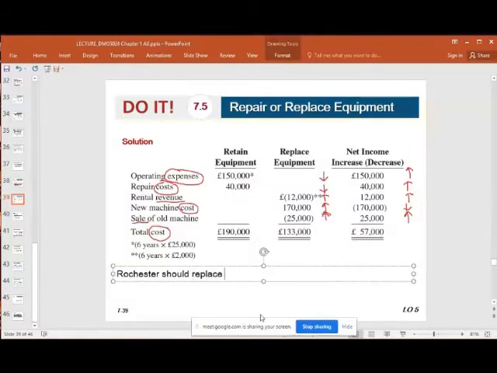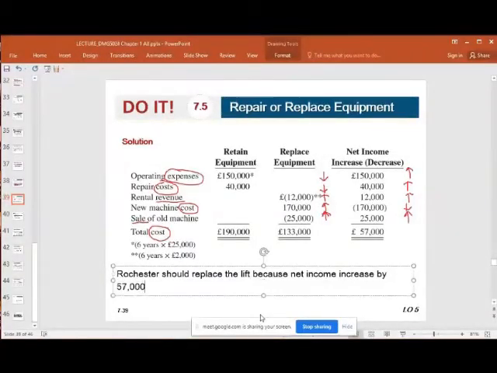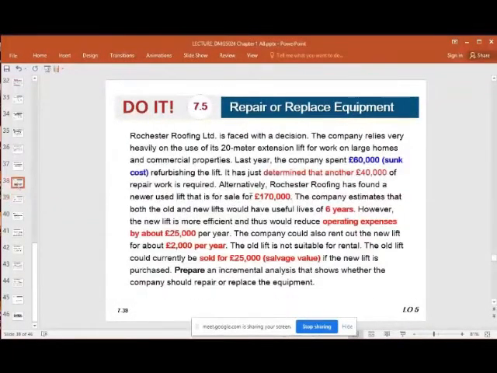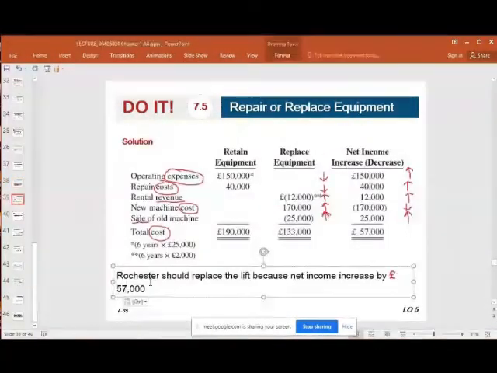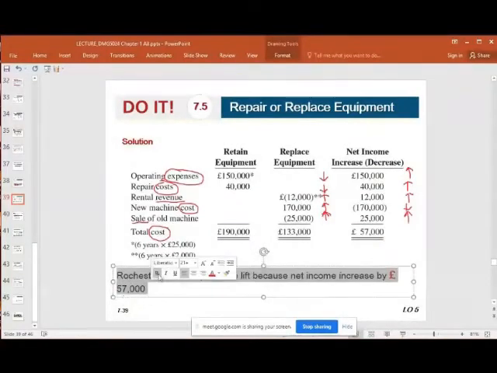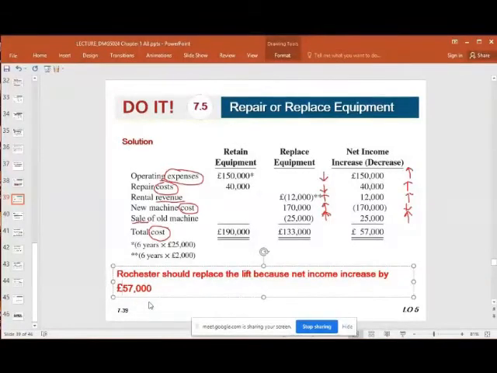Should replace the machine, the lift, because net income increased by 57,000. Okay, 57,000. So this will be your decision: Rochester should replace the lift because net income will increase by 57,000.